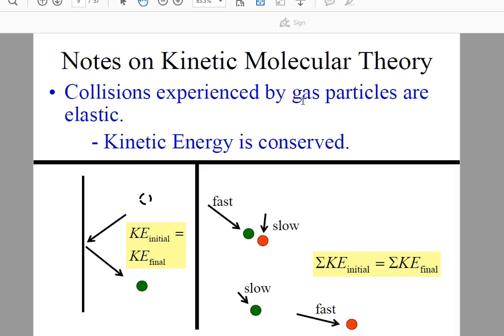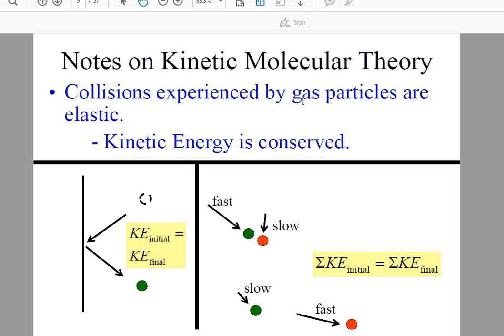When a gas hits anything, the collision is what we call elastic. Okay, so this is a key vocabulary word. I'm going to circle, highlight, whatever. Elastic means no energy is lost. If you take a basketball and bounce it against the wall, it's not going to come back to you with the same amount of energy. But when a gas particle hits the wall, it comes back with the same amount of energy.